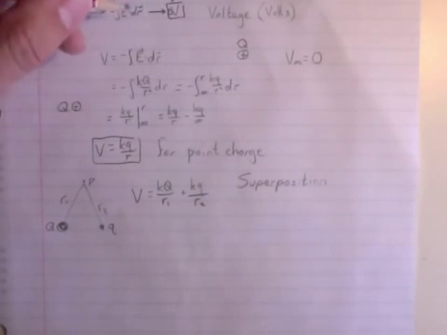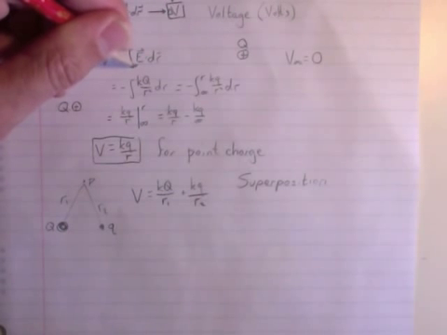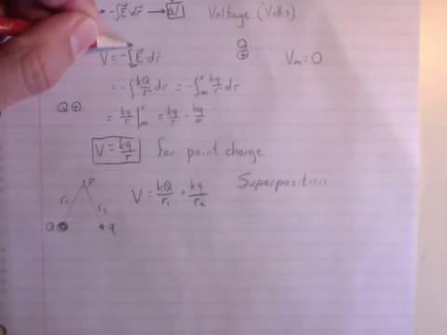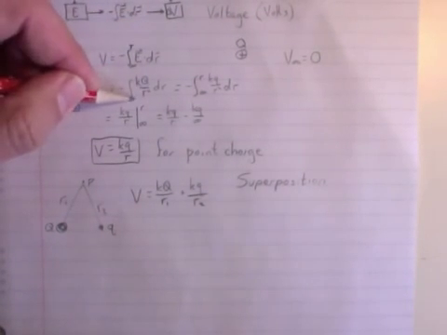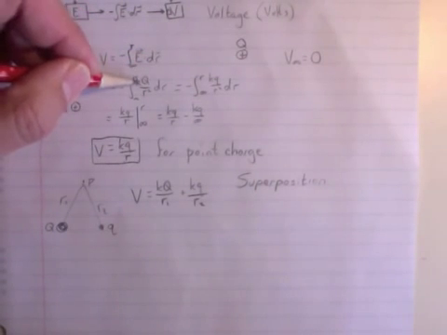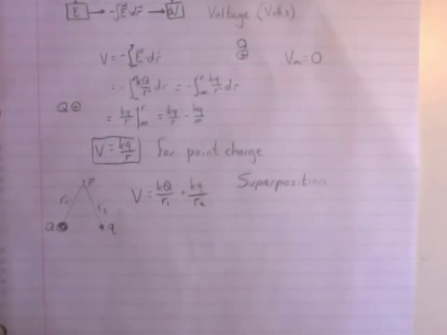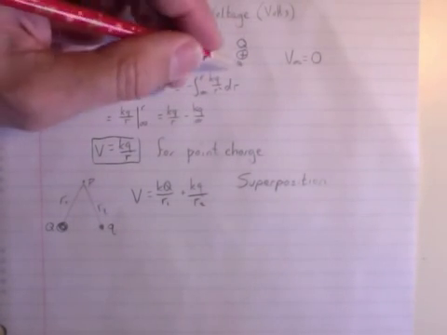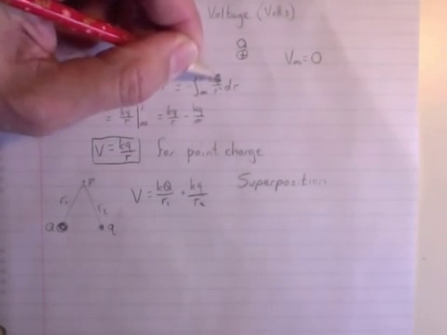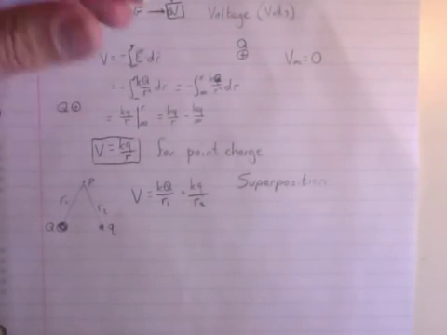So what we're going to do is integrate from infinity to this distance r of E dot dr. And if we do that, infinity to r of kQ over r squared dr, and that's a negative integral there. I've just rewritten it for some unknown reason, but it's kQ over r squared. That's the exact same thing.